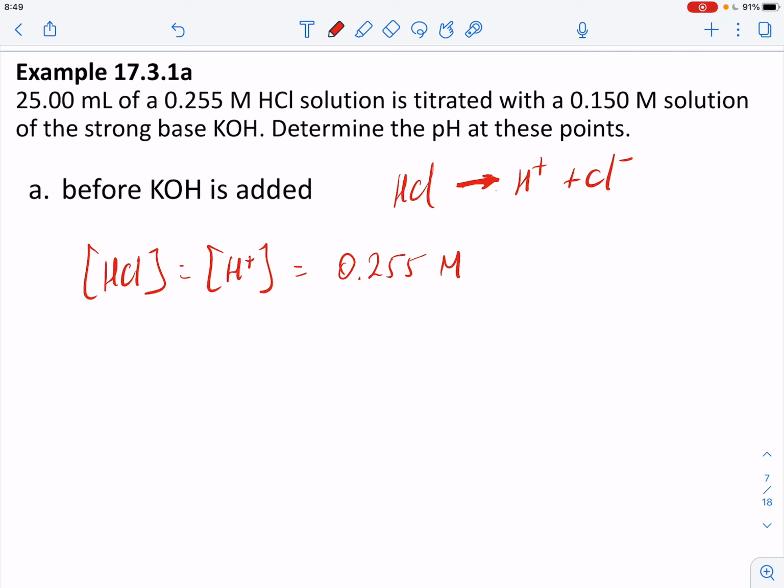No need to use any volume here, it's just the plain concentration that you are being given. That's the initial concentration, that's the one that you're going to use to calculate pH. So pH is minus log of 0.255, and this is equal to 0.593. Okay, 3 significant figures. Let's keep using 3 significant figures here.